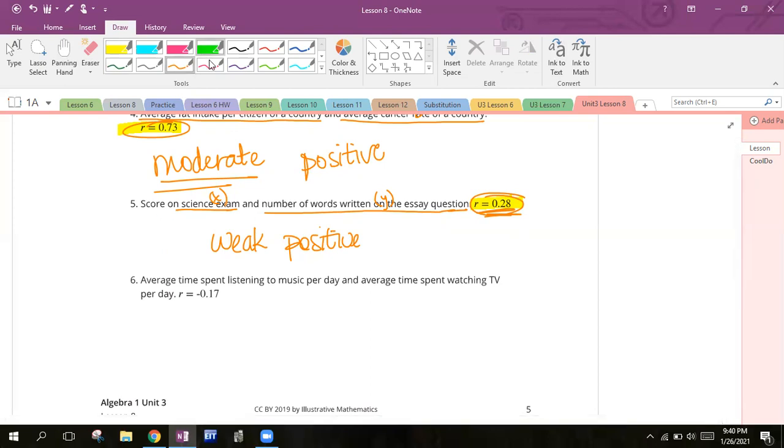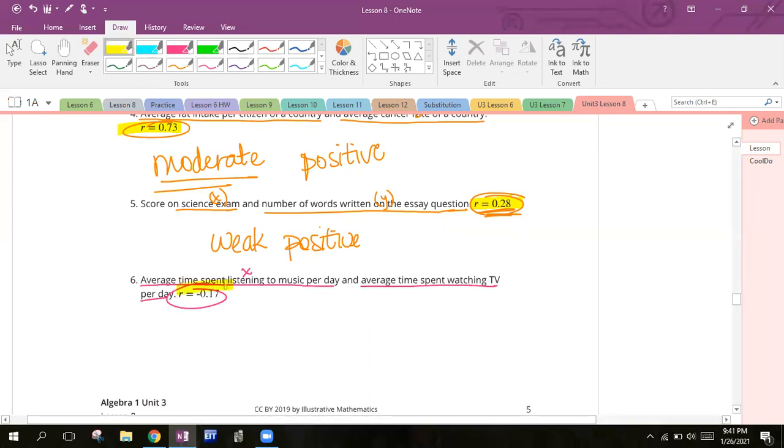And finally, we have the average time spent listening to music per day and the average time spent watching TV per day. Okay, so is there a correlation between listening to music and watching TV?